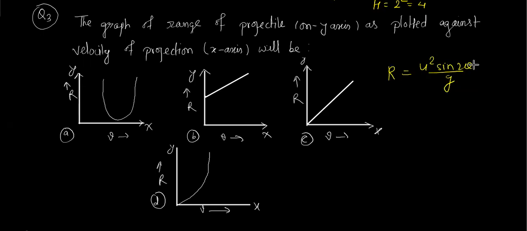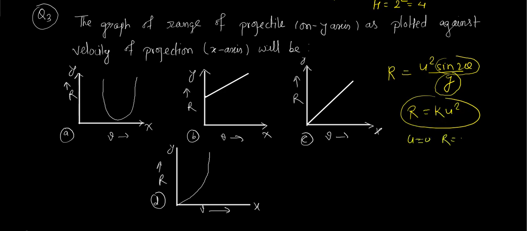For a given angle, this parameter is constant, and for a given place g is constant, so the expression can be written as k times u square, which means the range varies with the second order of u, that is velocity. And as u is 0, R is also 0, which means the graph must begin from the origin, and the nature of the graph must be parabolic.